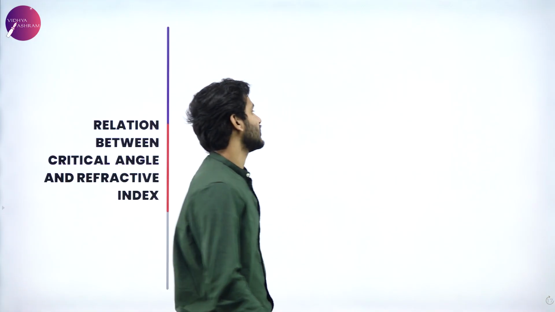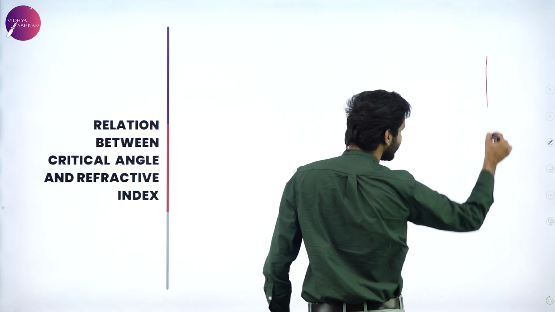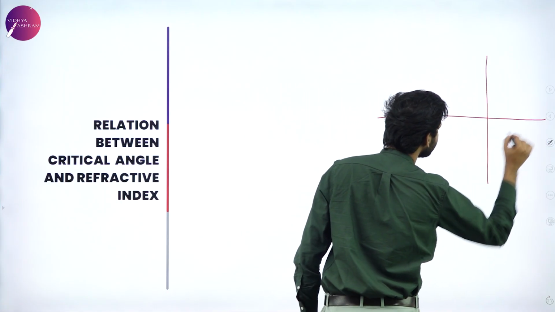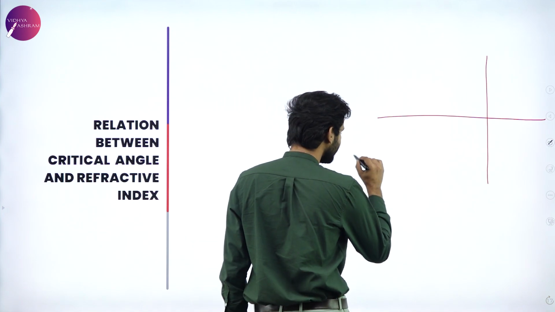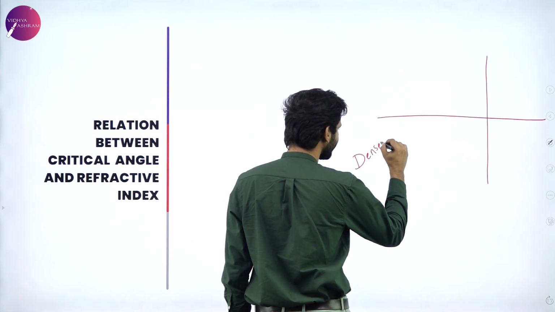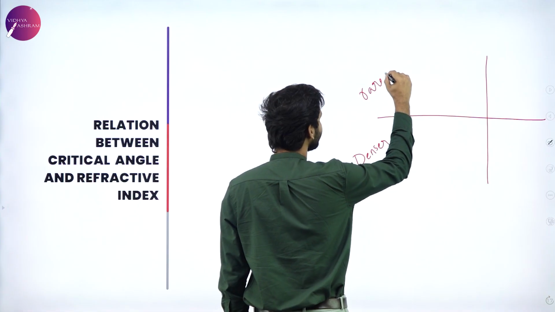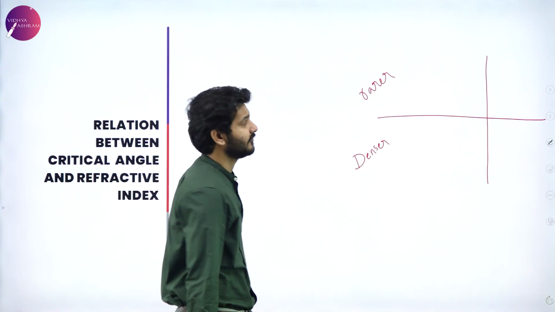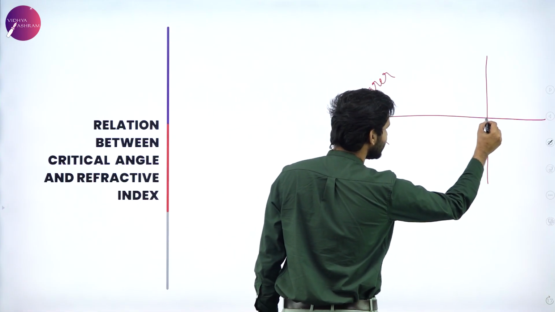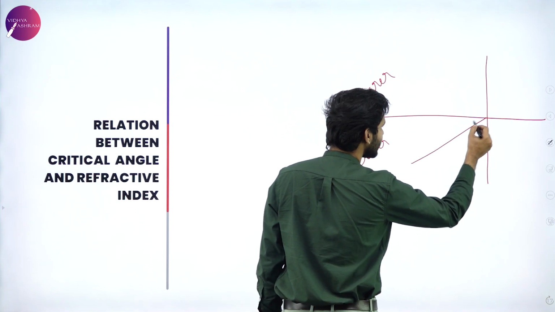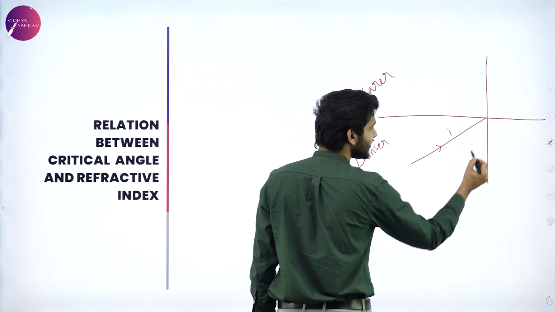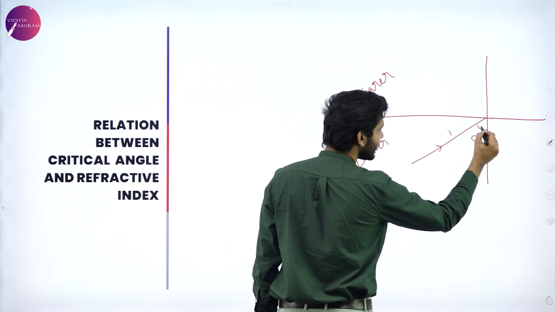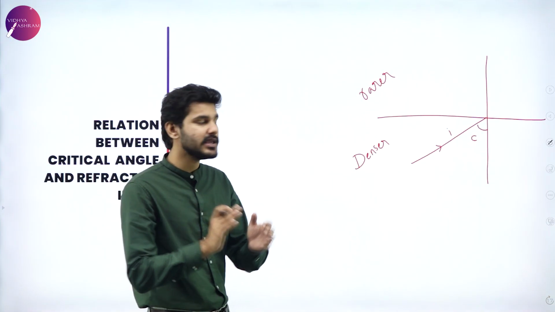So again, what does critical angle actually mean? If light is traveling from the denser medium to the rarer medium, let's say this is the incident ray, and this is the critical angle. Let's mark it as C.